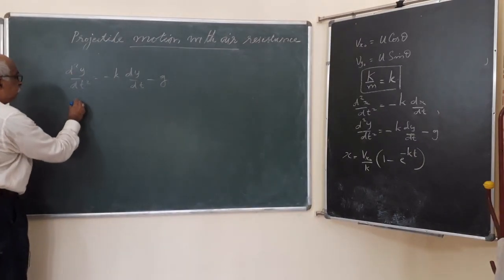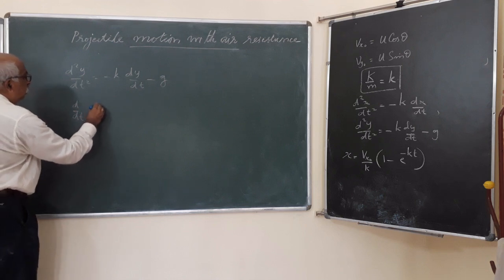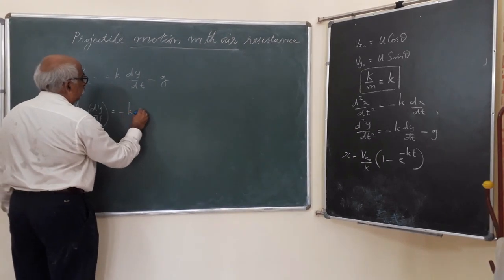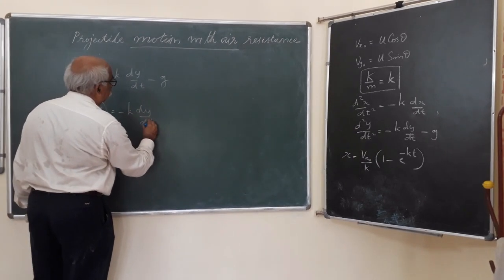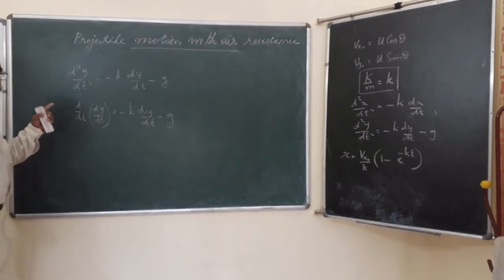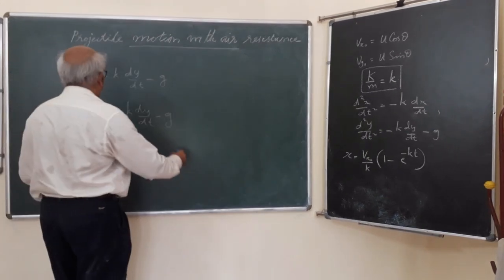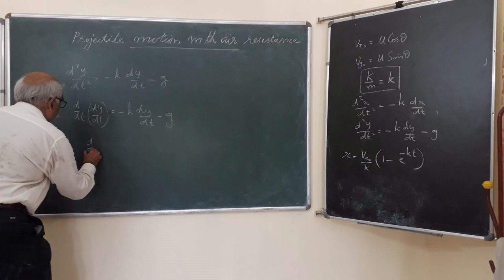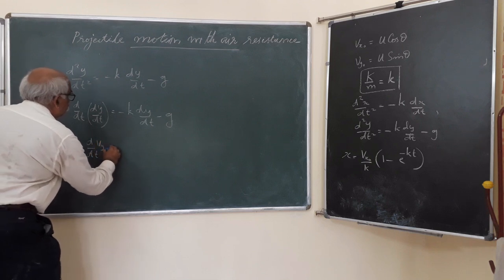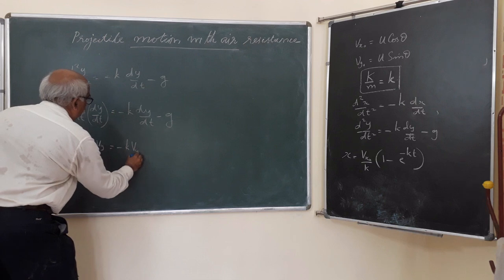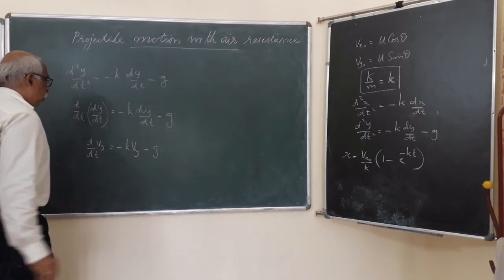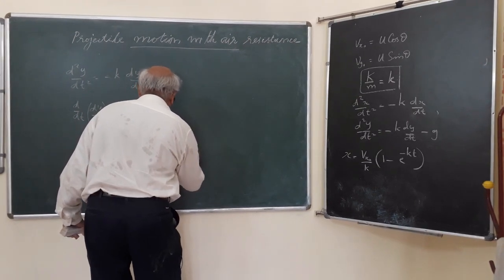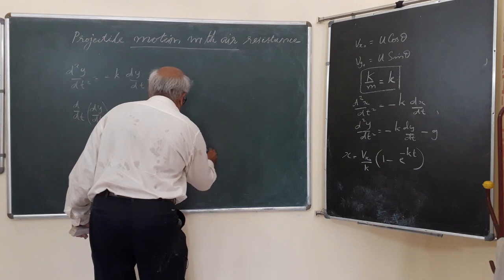This is written as d by dt of dy by dt is equal to minus k into dy by dt minus g. But dy by dt is Vy. Therefore, this can be written as d by dt of Vy is equal to minus k times Vy minus g, which is equal to minus of kVy plus g.